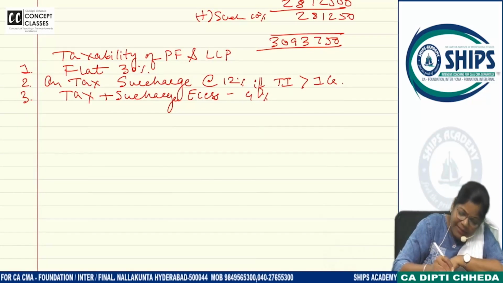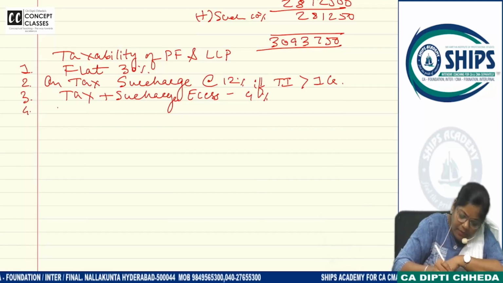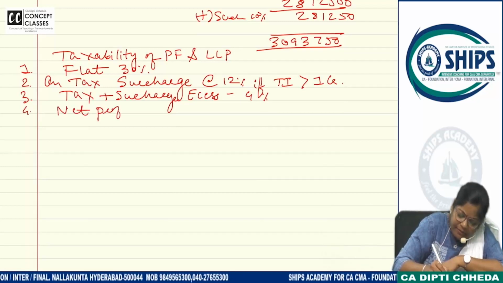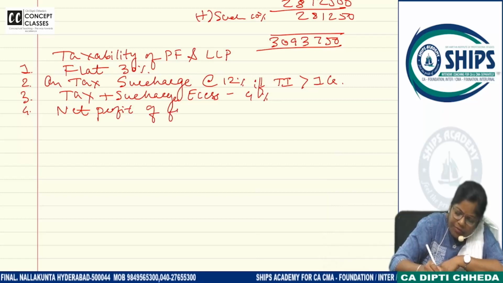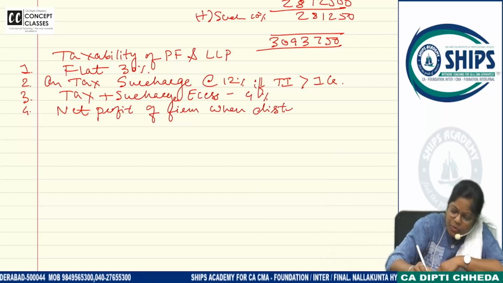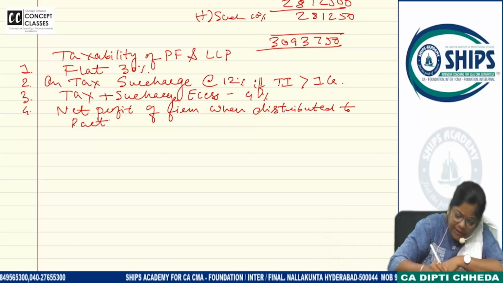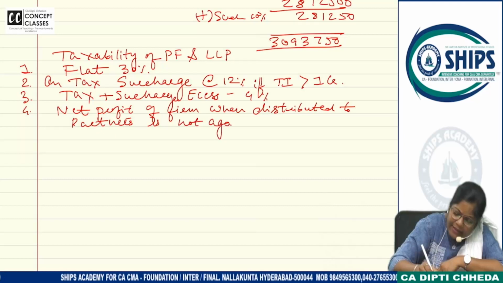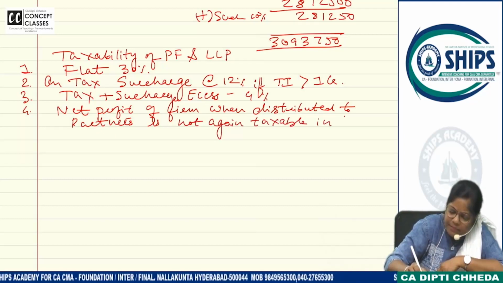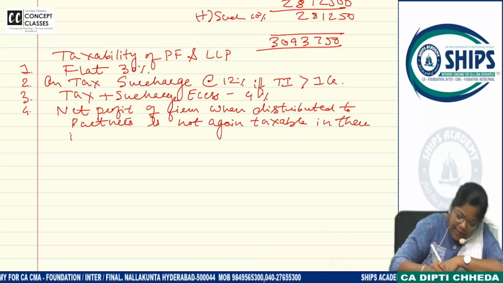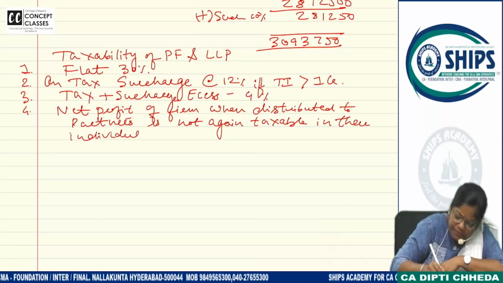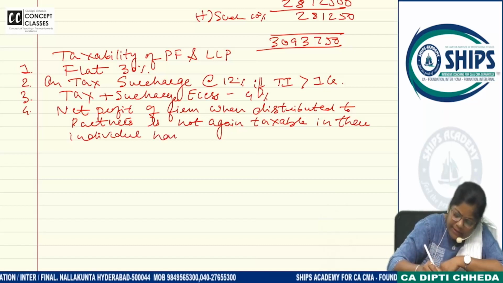Right, now write down: net profit of firm when distributed to partners is not again taxable in their individual hands.